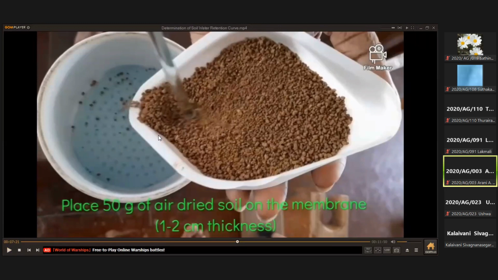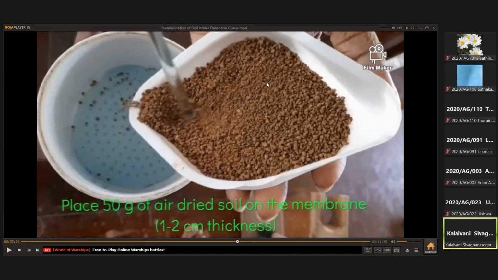Yes, ma'am. After checking for air leakage, we can transfer the soil sample to the Buchner funnel. Here they are transferring some amount of sample, but in our procedure we have to weigh around 200 gram of sandy soil.